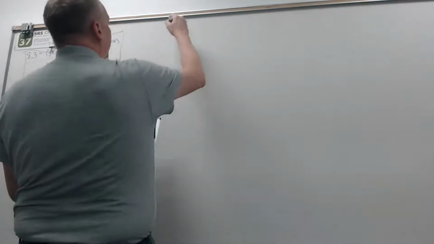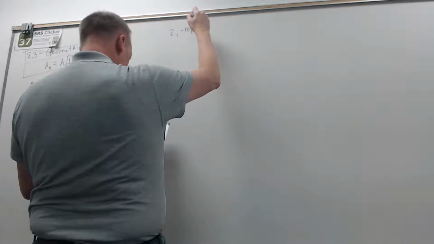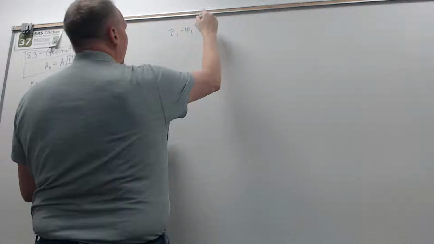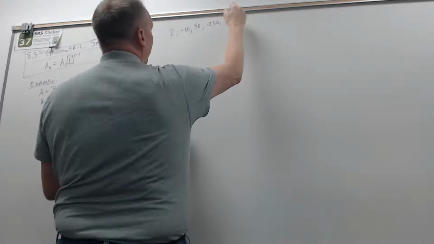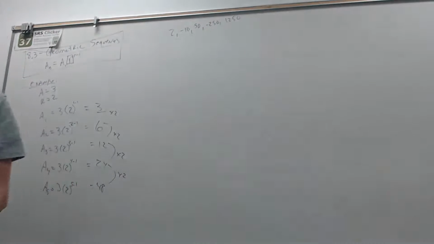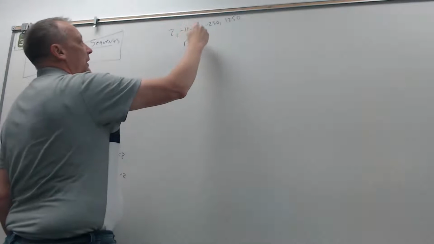If I had 2, negative 10, 50, negative 250, and 1250, first of all, can you tell that that is a geometric sequence? Kelly? Yes. Your common ratio in this case is going to be negative 5.